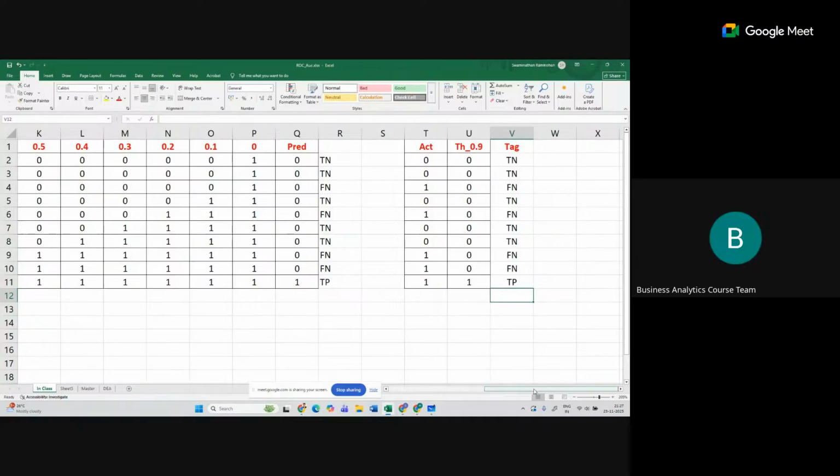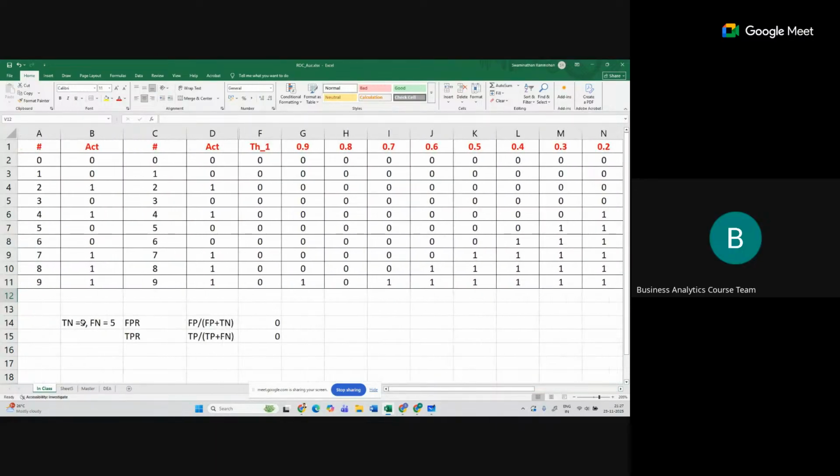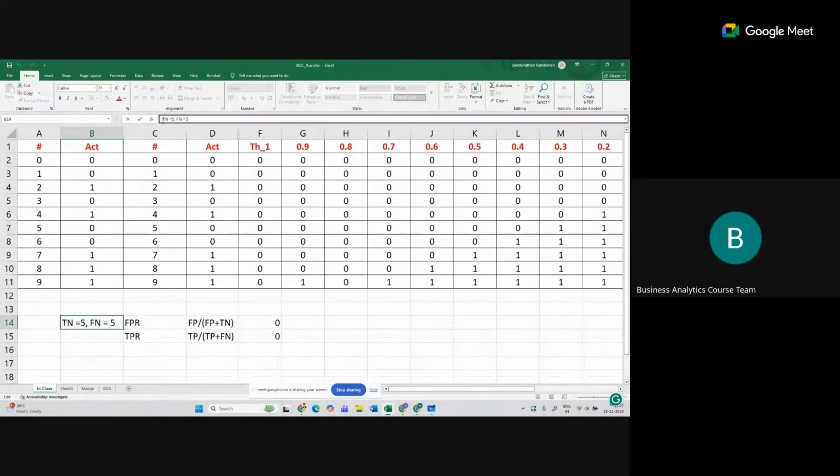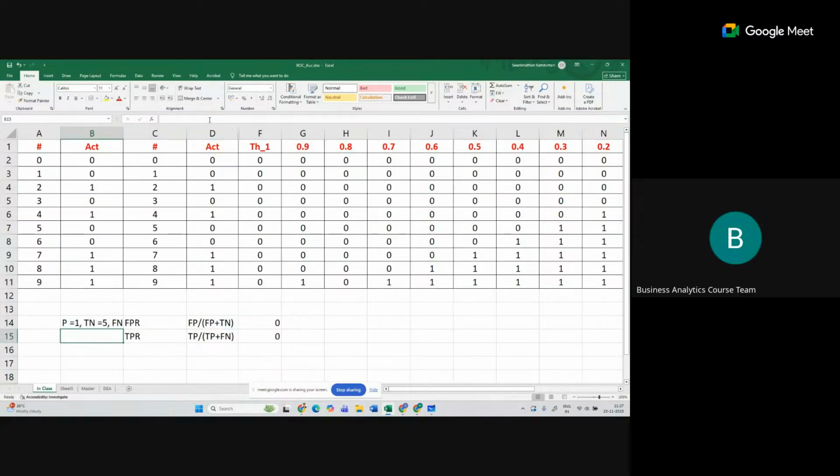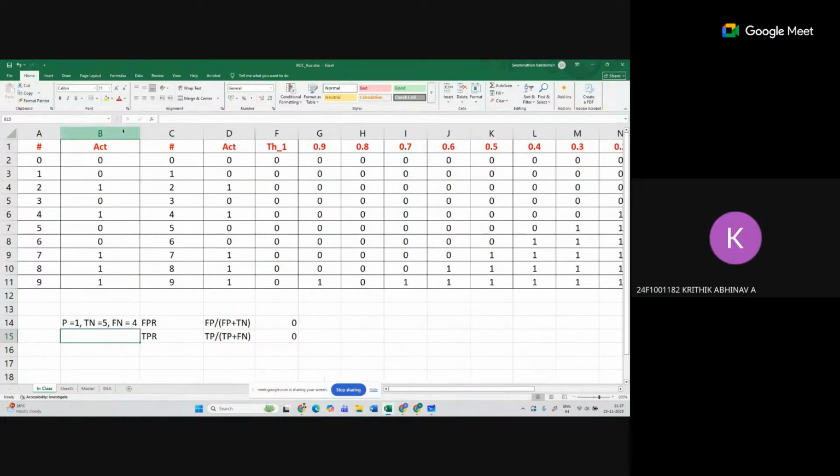So what do we have now? We have one true positive, and I think there was a reduction in false negative by 1. Correct? Is that correct? Yes, sir.